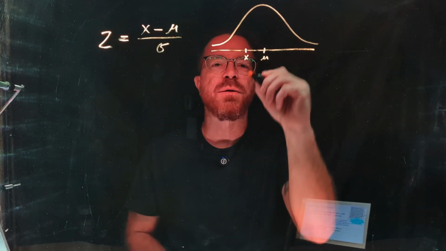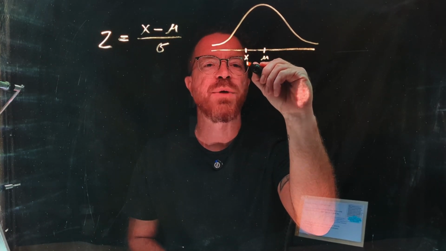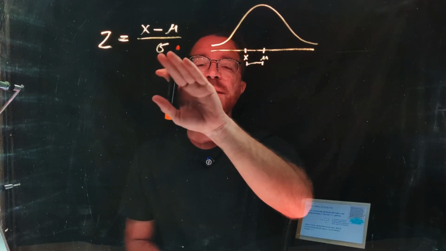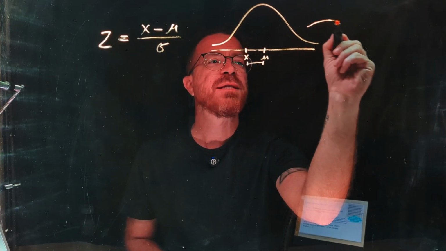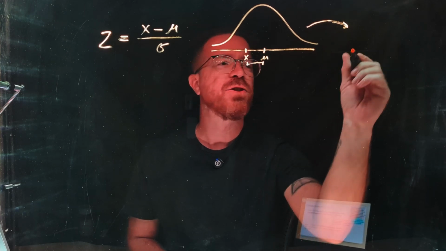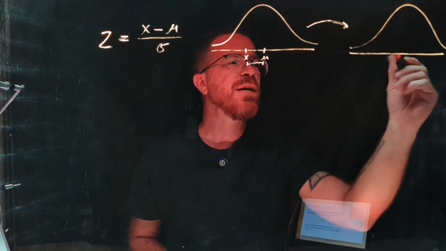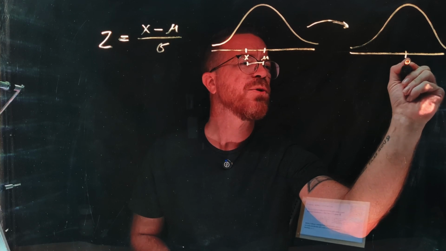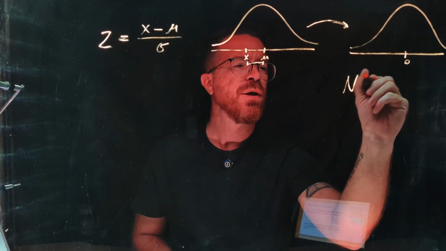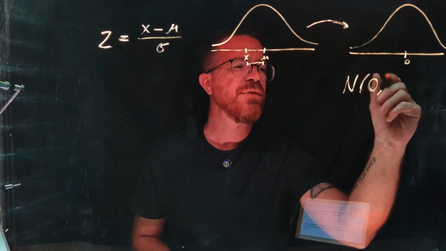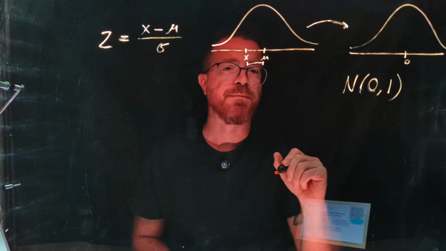This top part looks at what is the distance between x and mu. And then it uses the sigma to translate this and scale it to what is called the standard normal. So the standard normal is just a normal distribution with a mean of 0 and a standard deviation of 1.